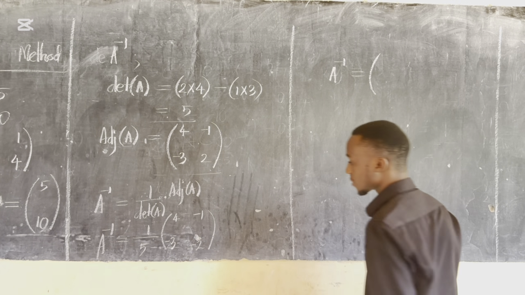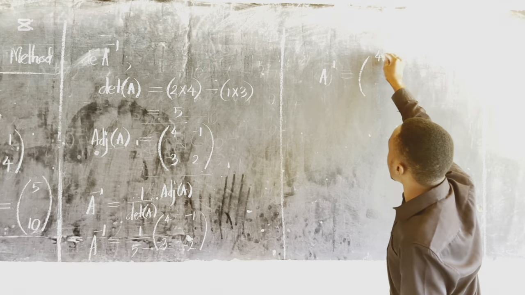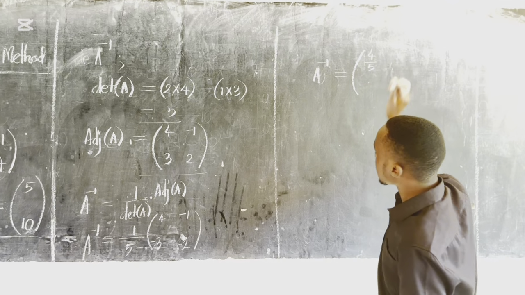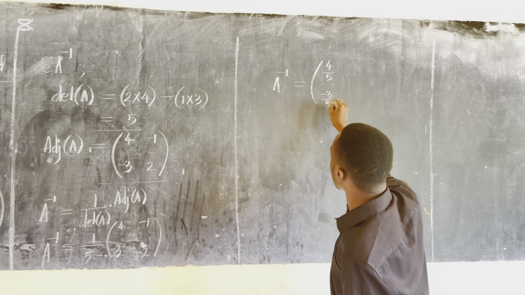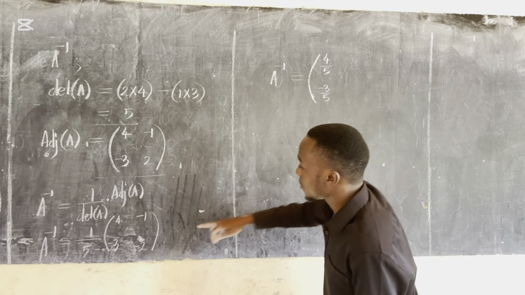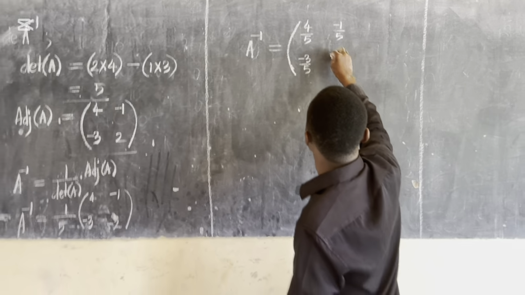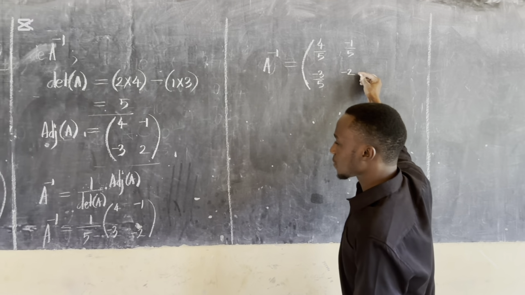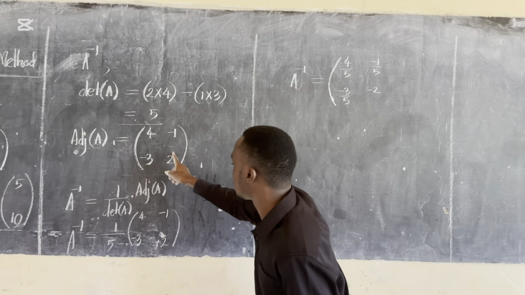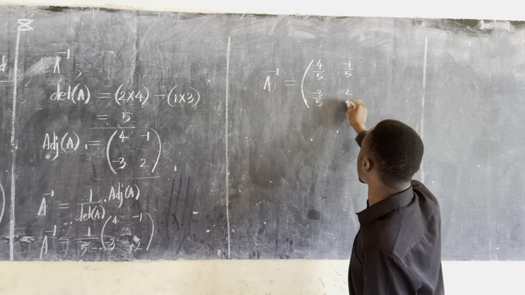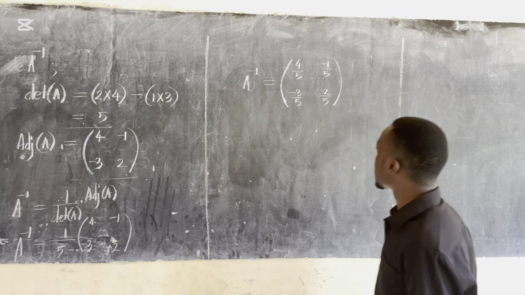So the 1 over 5 multiplies the 4 to give us 4 over 5. It multiplies this one to give us negative 3 over 5, this one to give us negative 1 over 5, and finally the 2, which is a positive in our adjoint, gives us 2 over 5.